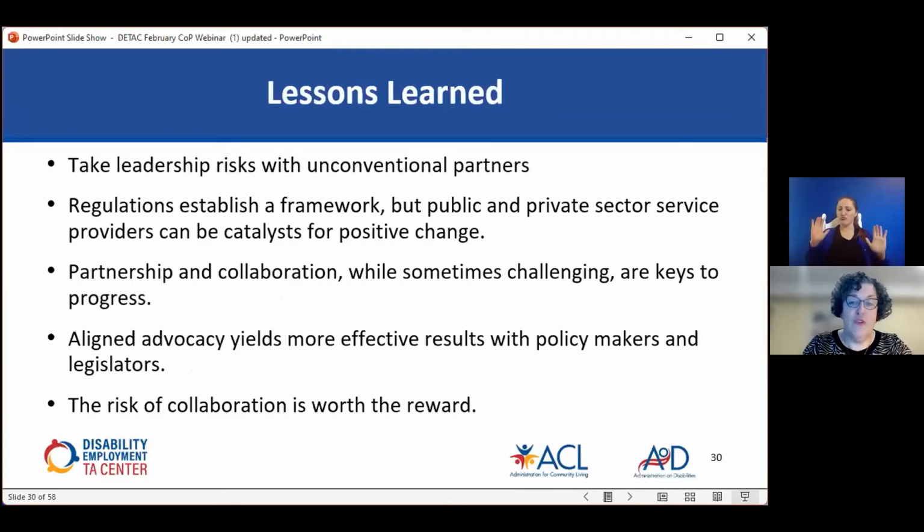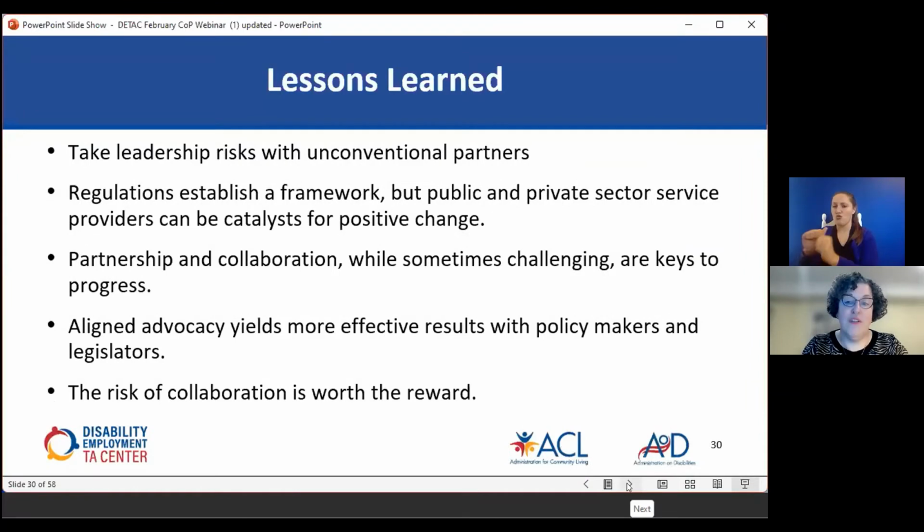And both groups received a lot of flack for working together, but by stepping out of our comfort zones, a lot was accomplished. There's still more work to do with the provider organization, with individual providers, and with the state system to make competitive integrated employment a reality for all persons receiving services in Michigan. Next slide.